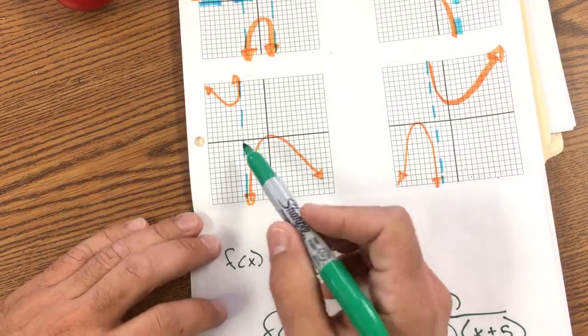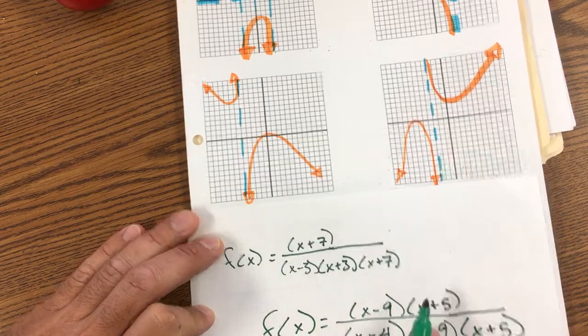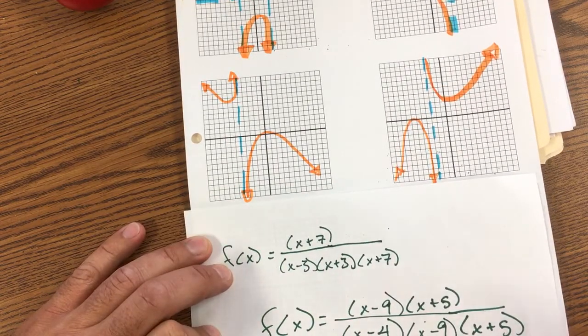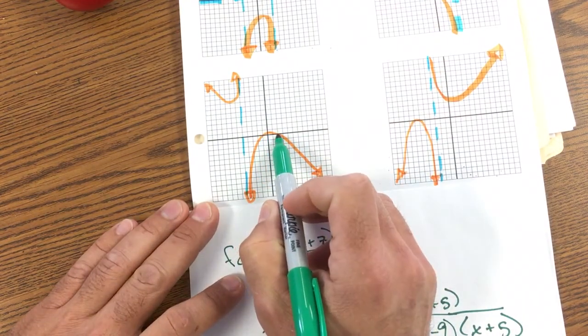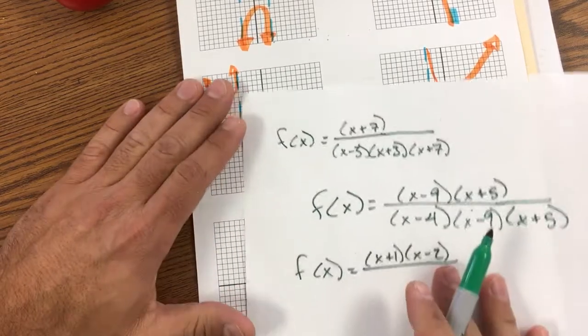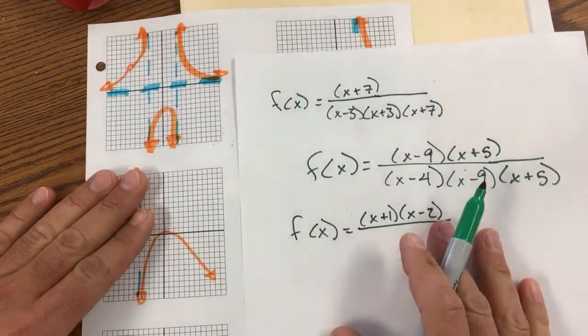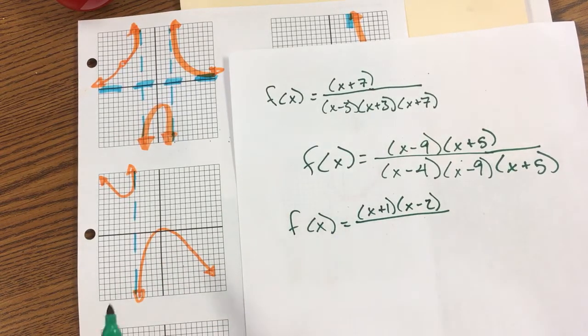All right, now we're going to do this guy here. On this one, I do have zeros. I have zeros at -1, and I'm going to call that +2. So I'm going to go x plus 1, x minus 2. Oh, I'm not on the screen. Like this. How about that? I don't have a horizontal asymptote, so I have nothing to put there.